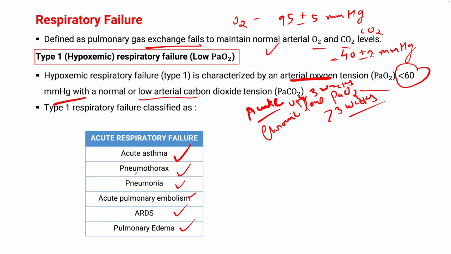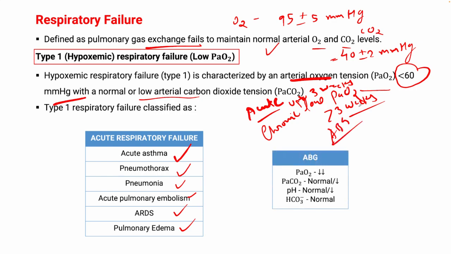Now if acute respiratory failure is there, you know the ABG, arterial blood gas. What will be the changes in it when there is acute respiratory failure? What are the clinical identifications? PaO2 level will severely decrease. PaCO2 level can be normal or it can decrease. The pH can be normal or it can decrease.